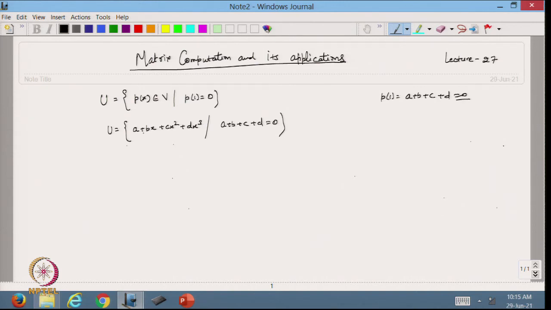So, this is the set which contains all the polynomials of such type.